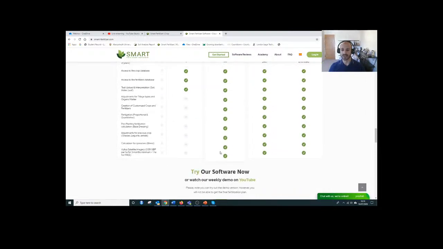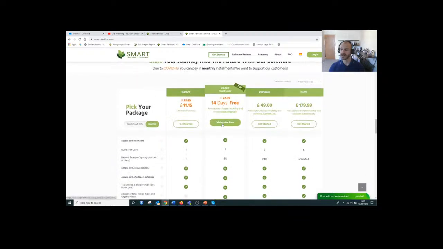You can click on it and use it for 14 days for free. And if you cancel, it's fine. You're not going to be charged, it's for free. But if you want to continue and keep using it, your subscription will start from the 15th day, basically. But you can cancel anytime within the 14 days.